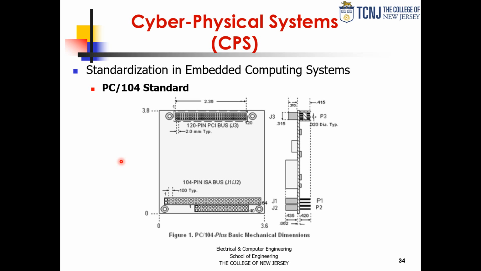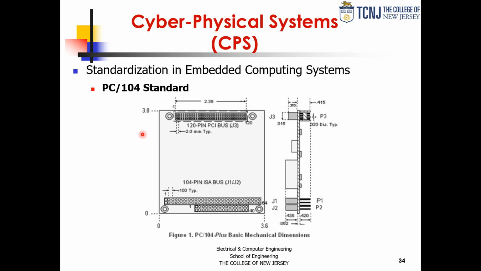So there was an installed base already on the ISA side. So they did not get rid of ISA completely. They added PCI. So the second incarnation, which they call the PC 104 Plus, just added the PCI bus.